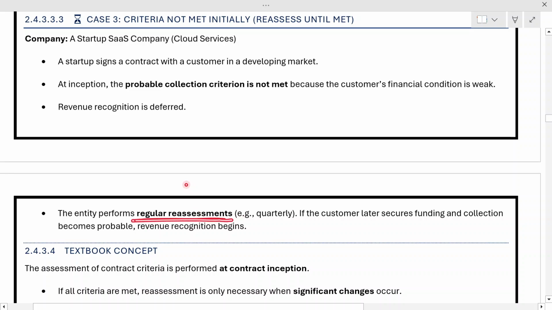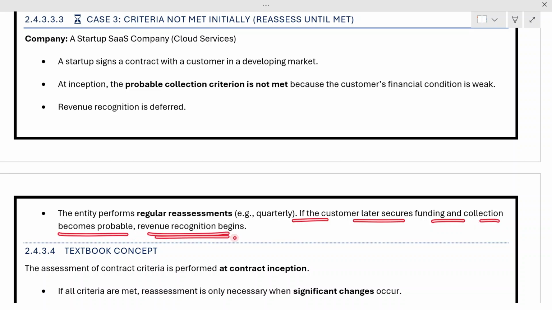After, let's suppose, 3 months, they will check if the customer has become financially sound now; if not, after 6 months they will check again; and if the customer becomes financially sound after 9 months, then they will stop checking again and again, and finally they will recognize the revenue. Similarly, it is written here: if the customer later secures funding and collection becomes probable, revenue recognition begins.